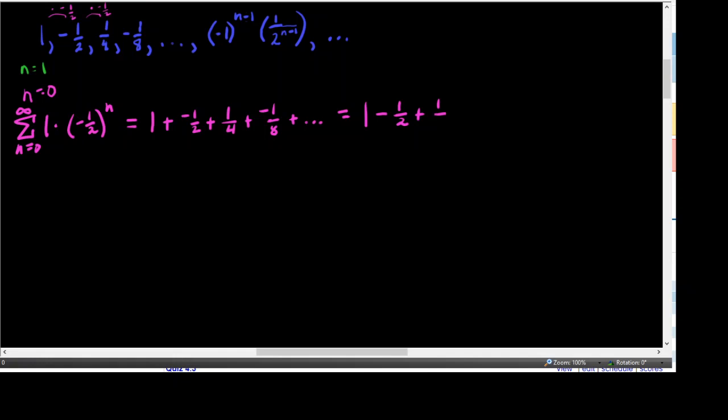Now that doesn't negate the fact that what we wrote above is actually true. I recall saying earlier that the way that you write the term of the sequence is not unique. And a lot of times we can make a different formulation by starting at a number other than 1.